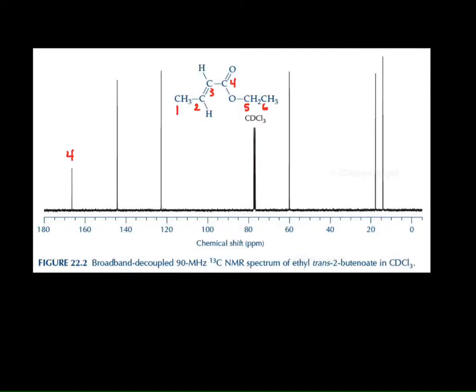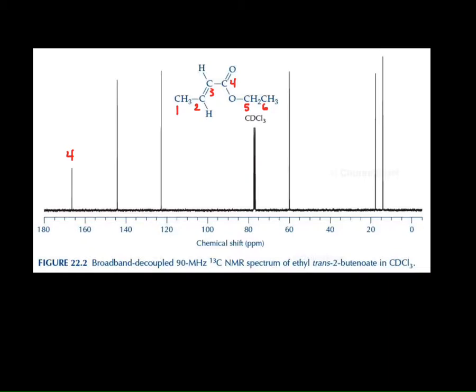So they're going to have higher frequencies than we would normally expect in an alkane. Now, one of the questions is, I have two carbons, both of them different, so which one is going to be shifted further downfield, and which is going to be shifted further upfield?